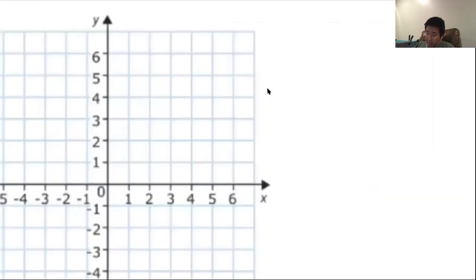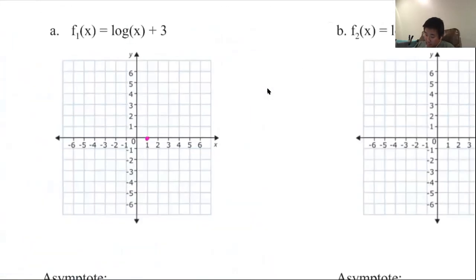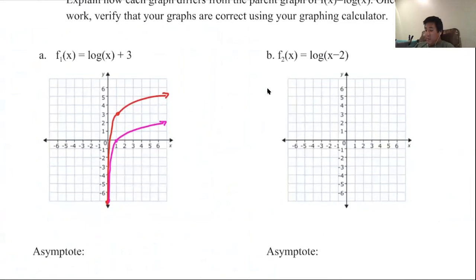So that's normally the graph. So now we're going to go up 3. This is right 2.